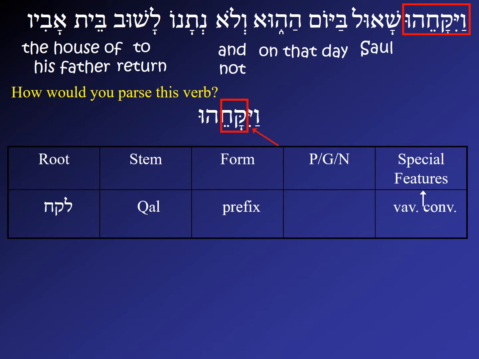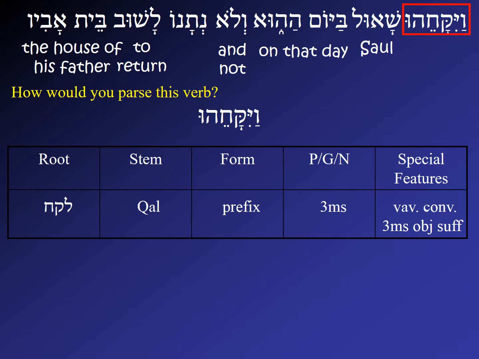Now when we start looking at person, gender, or number, we've seen our yod prefix, which indicates the third person. Here we have this ending, hu, which is not our prefix complement. We would expect vayikachu if this were third masculine plural. But instead we have vayikachehu. So what we're looking at is actually another special feature. This is the hu ending, which is the third masculine singular object suffix.